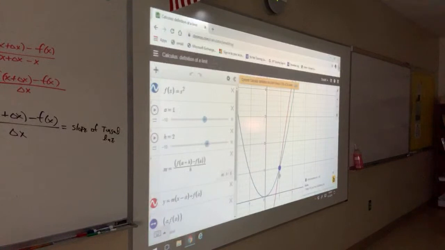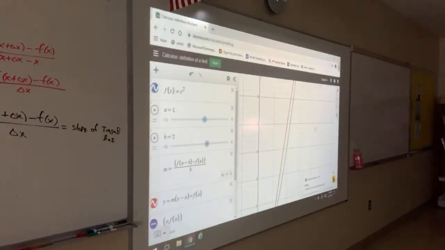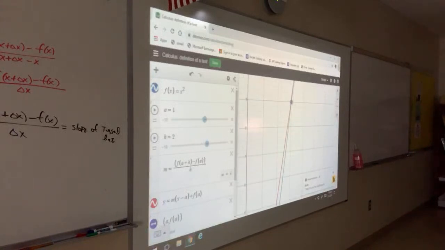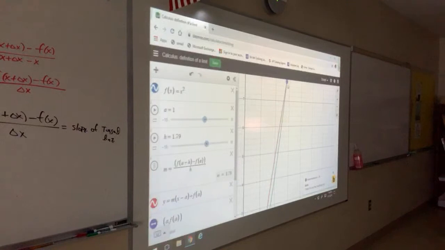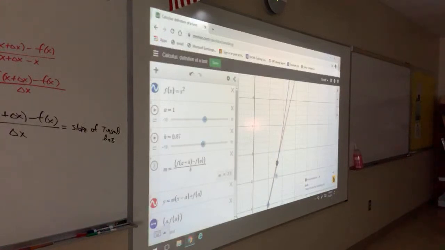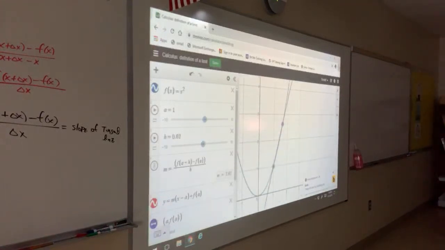Okay, so the h is the delta x. So the delta x right now is 2, so it's gonna go down, so this is still a secant line. The delta x is shrinking. And eventually it's gonna go to 0. So eventually it's gonna get you a tangent line.